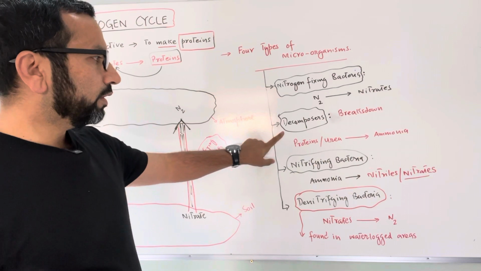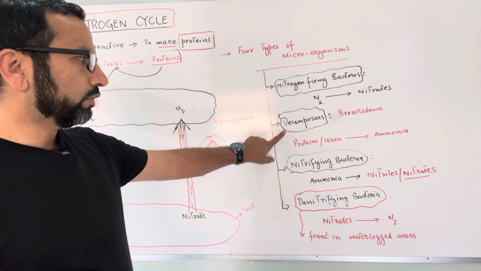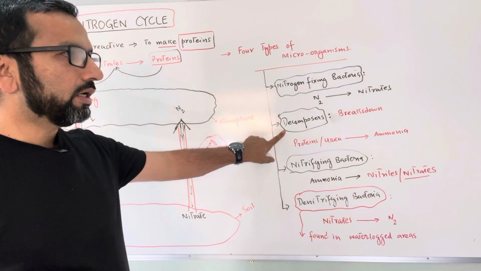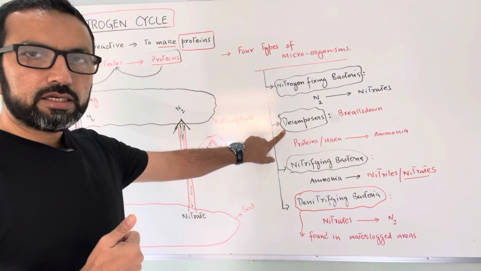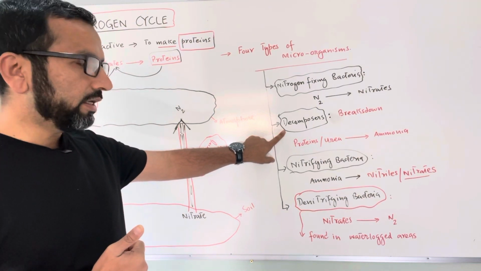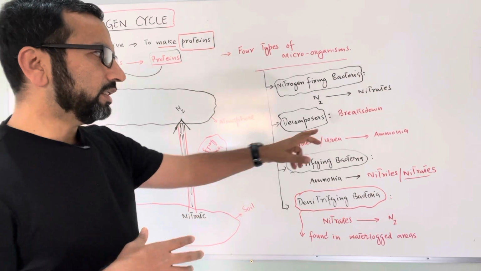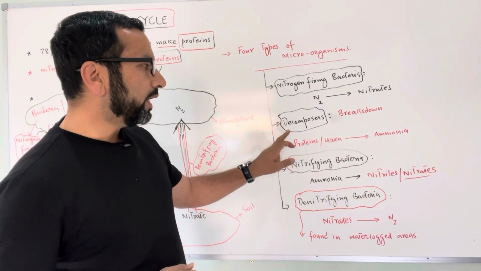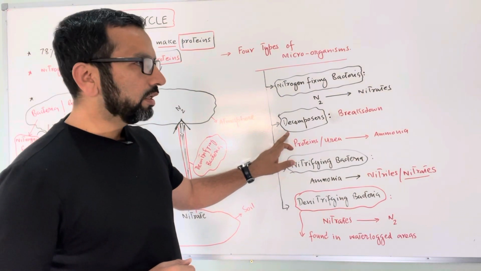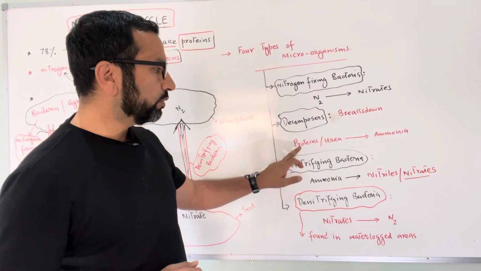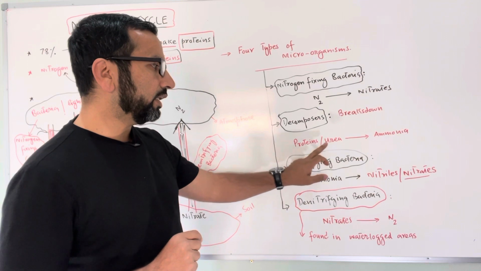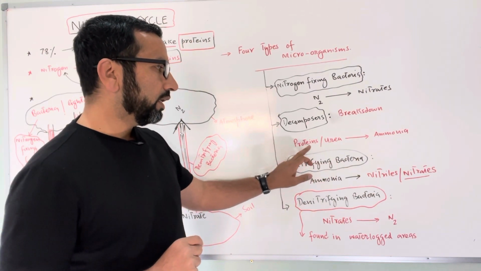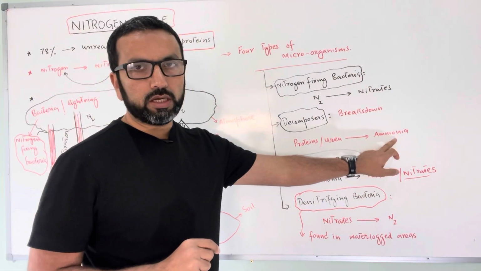There is another group of bacteria which are called decomposers. When these plants and animals die, their bodies are broken down by decomposers. So how are these broken down? Proteins inside the body and the urea are broken down into ammonia.